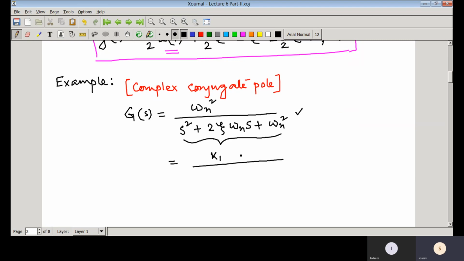So two poles are there, and I am writing that expression in partial fraction form. So that zeta omega n minus j omega n under root 1 minus zeta square; here instead of writing xi, I will just write zeta.